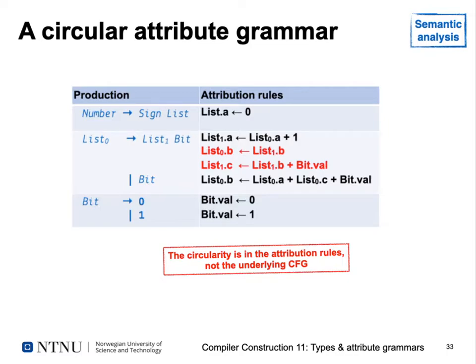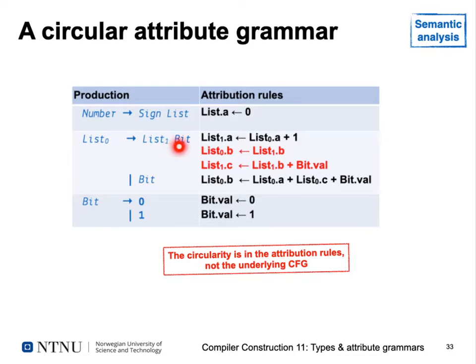So what would such a circular attribute grammar look like? Now we have one here, and let's say we add a number of attributes here, A, B, C, and we have relations here. So again, we have list A to 0 when we just read numbers and signs as before. Or read our list, we increment our element, our attribute A, by 1.